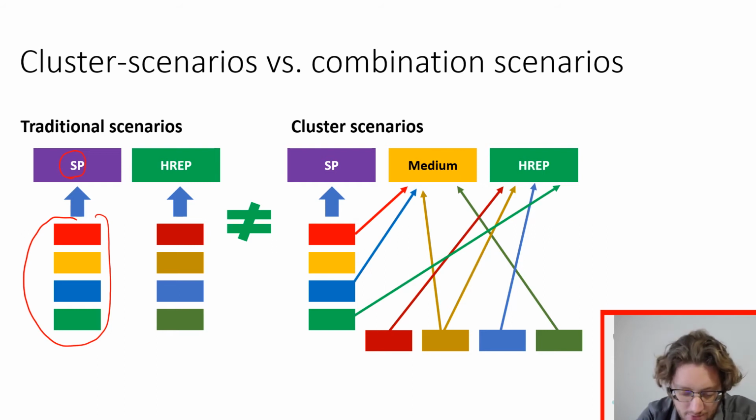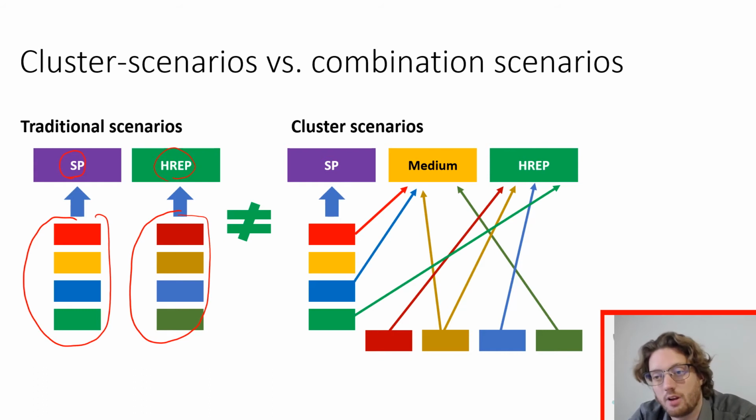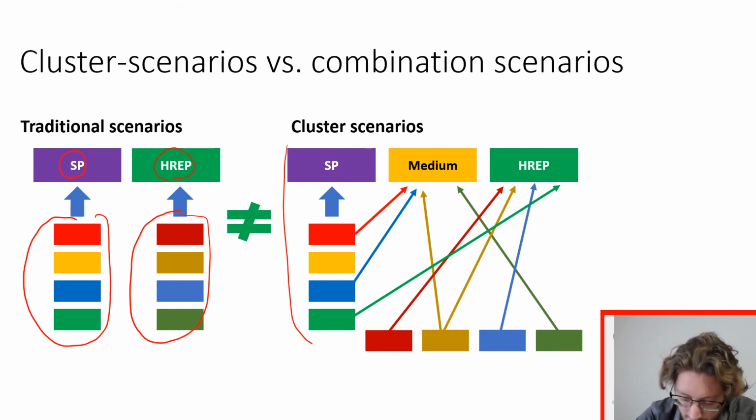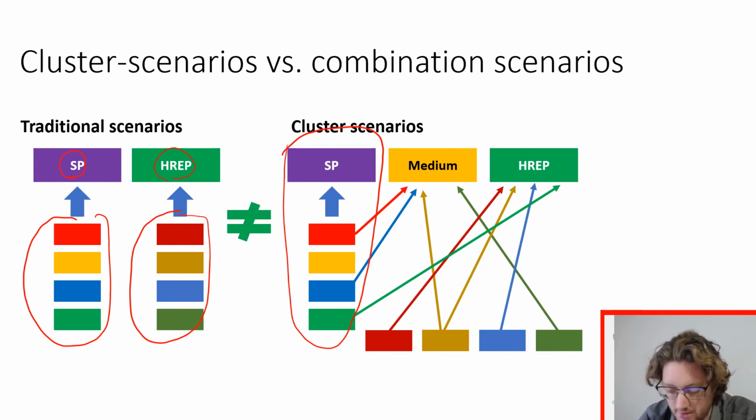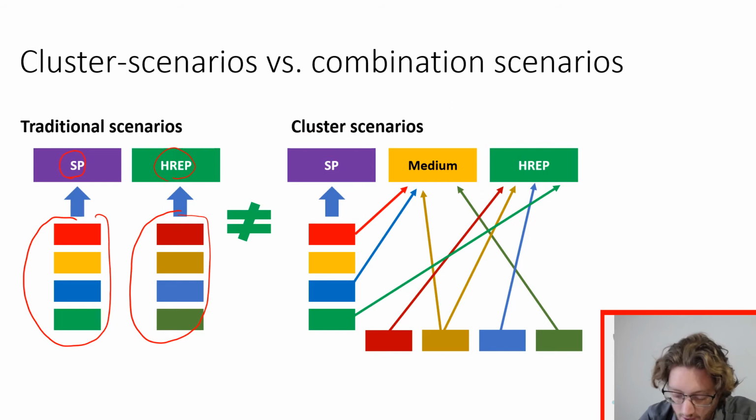And here we have some changes. And here in a high RE scenario, we have different changes, different data. So that's how we specified those. Now, if you have these aggregated or cluster scenarios that don't really have a good name, what I can tell, we are doing something differently. So here we are still specifying some kind of a reference scenario, just like before, same things, put that in.